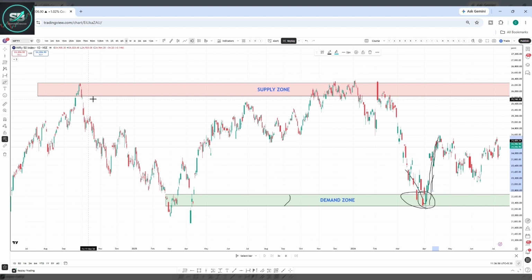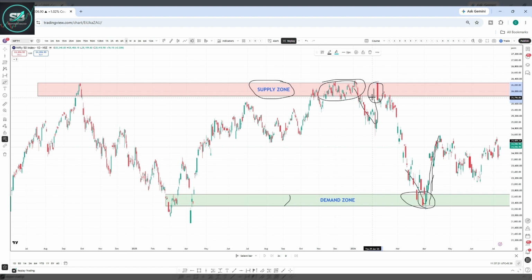When I talk about a supply zone, it acts opposite to the demand zone. Here is a supply zone: price came to this zone and got accumulated here, and price came down, again came up, and again here you see this accumulation made this selling.